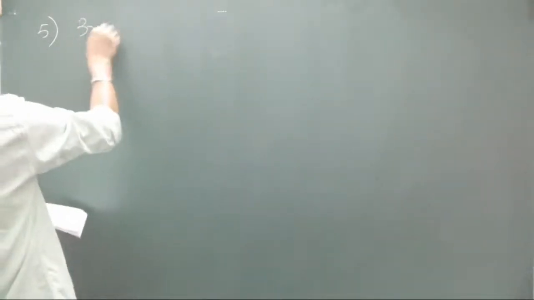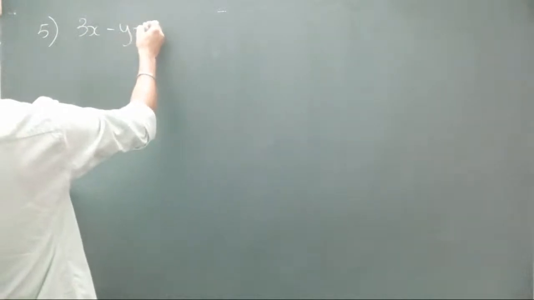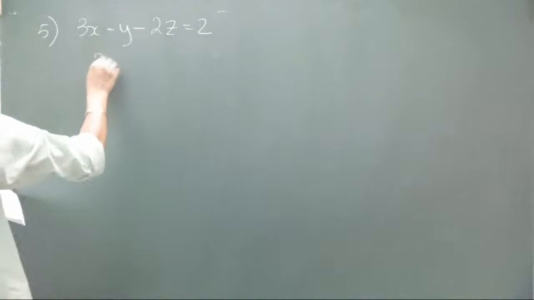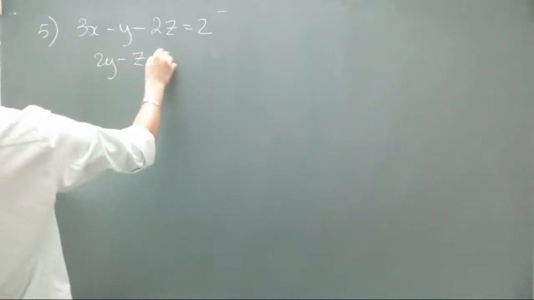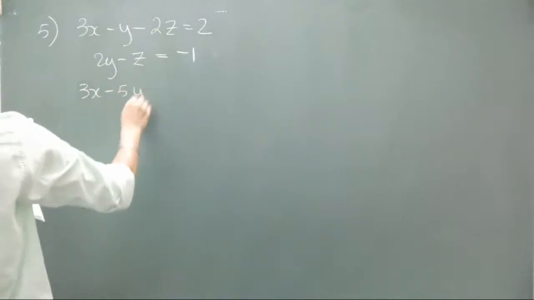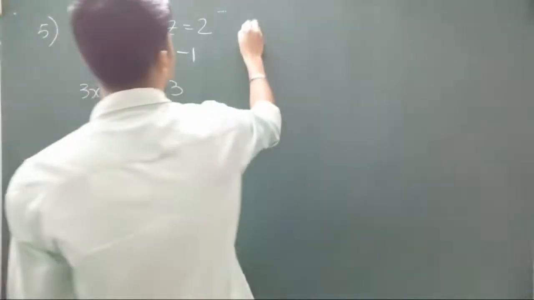Shall we try question number 5? This time we have a 3 by 3 matrix. 3x minus y minus 2z is equal to 2. 2y minus z is equal to minus 1. 3x minus 5y is equal to 3.